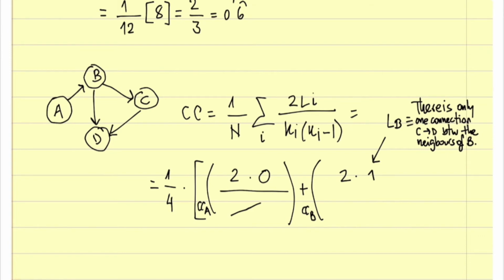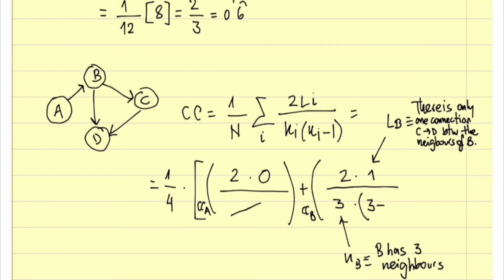Yeah? So divided by K sub B, how many neighbors does B have? I have 3 neighbors. So K sub B means that B has 3 neighbors, times 3 minus 1.